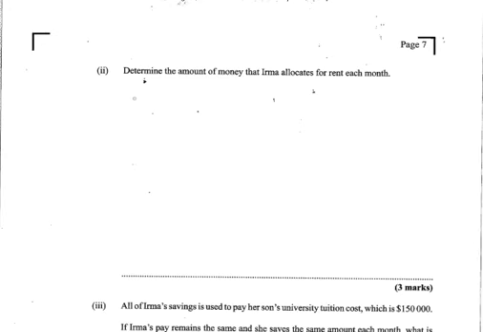We can use information in the table to form an equation: x plus 629, where x is the amount allocated for rent and 629 is the amount allocated for food, plus 2x, which is the amount allocated for other living expenses, plus $1,750, which is the savings, and this is equal to our fortnightly wage, which is $4,320.